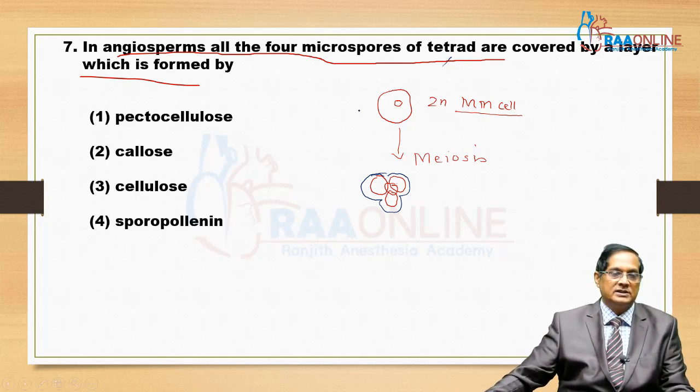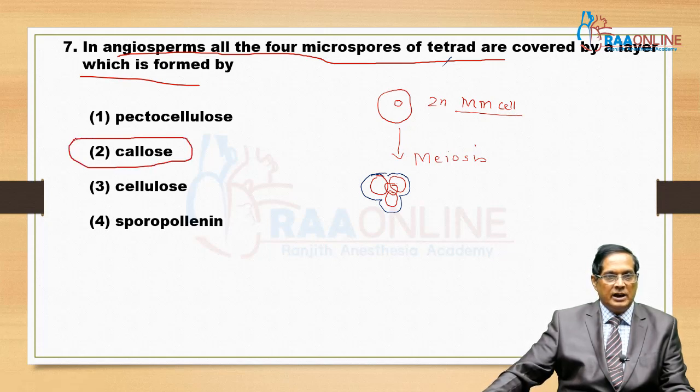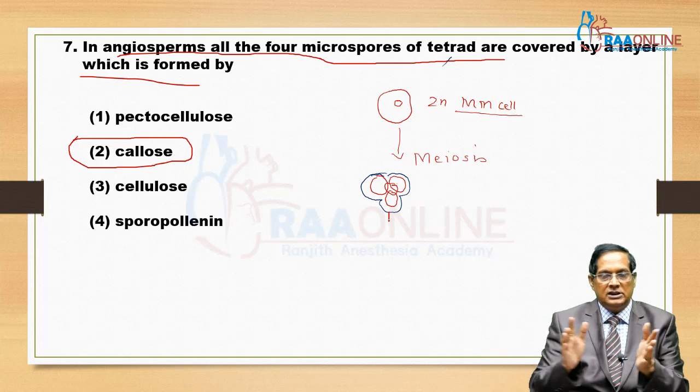So the answer for this question is the callose covering. When the anther matures, this wall ruptures and each microspore becomes free from one another.